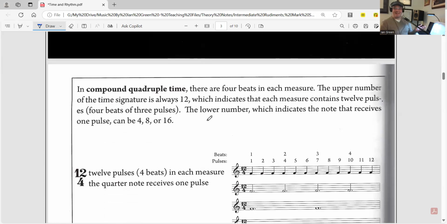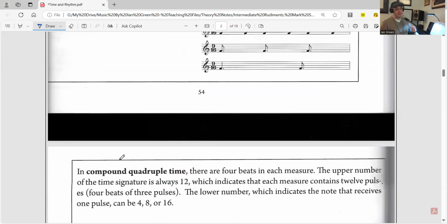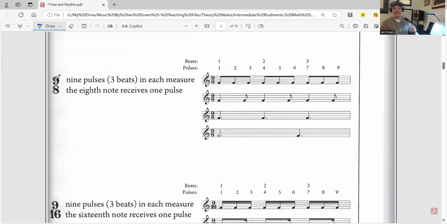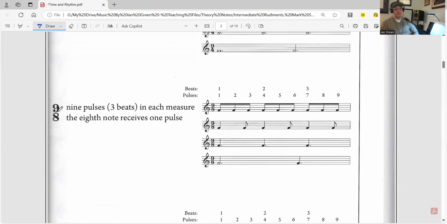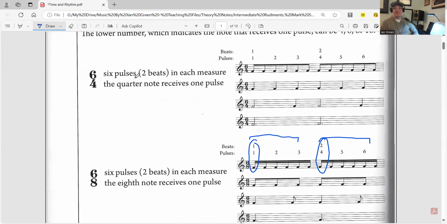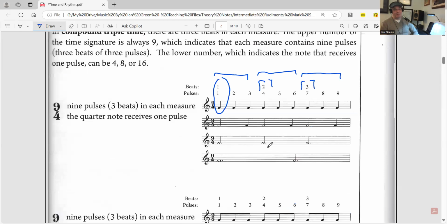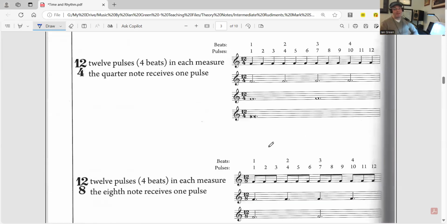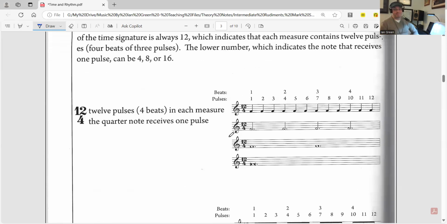But it's easy to figure that out because if you know what the top number is, you can divide that by 3 to get the number of sections of beats in the bar. So if you have 9/8, you divide 9 by 3, which is 3. So you know you have 3 groups of 3. 6/8 would be 6 divided by 3, which is 2 groups of 3. And of course, mathematically speaking, 12 divided by 3 is 4 groups of 3.